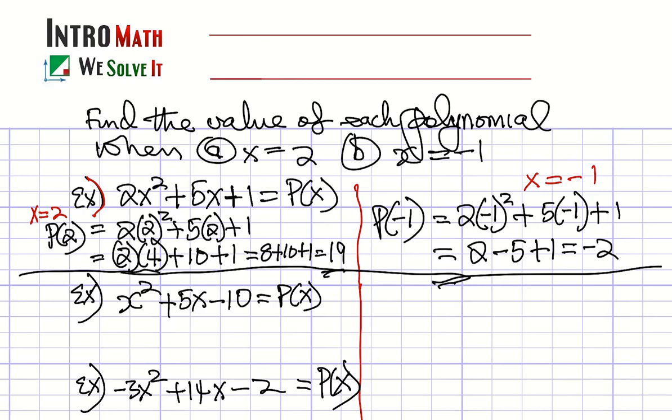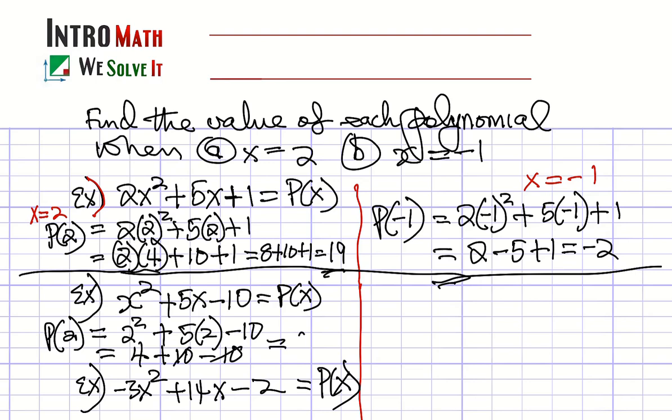Okay, so let's keep going. We'll do the next one. P(2) is equal to 2 raised to power 2 plus 5 times 2 minus 10. That's 4 plus 10 minus 10, so this cancels that, and basically this is 4.